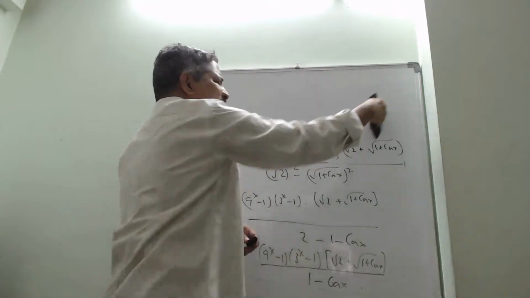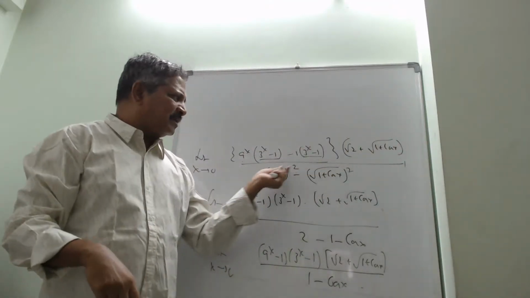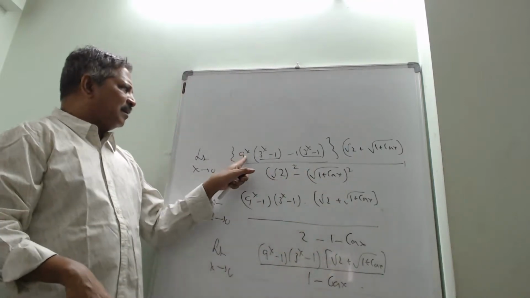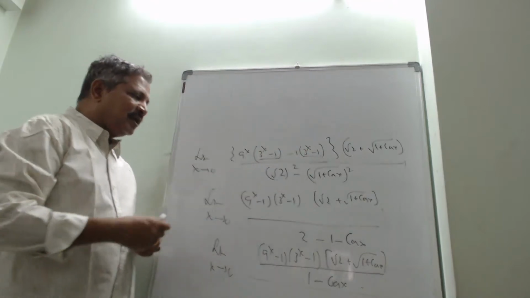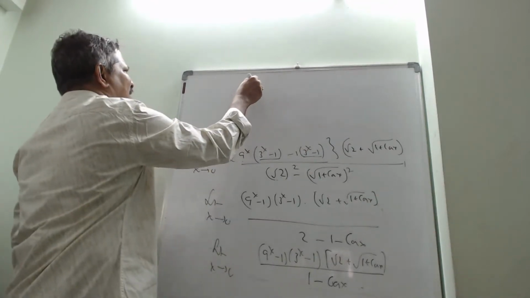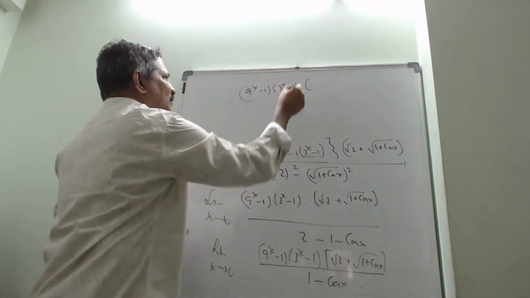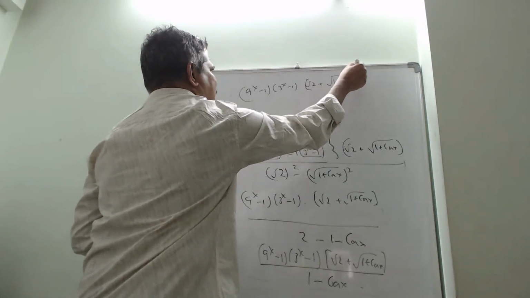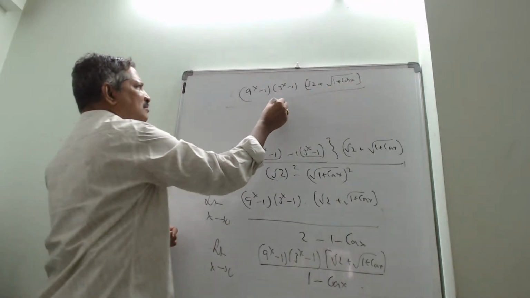First, we have done factorization for the numerator, and for the denominator we have done rationalization. (a plus b) into (a minus b) gives 2 minus 1 minus cos x. In the numerator, 9^x minus 1 and 3^x minus 1 are the common factors I got. Next step is (9^x − 1)(3^x − 1) into (√2 + √(1 + cos x)) divided by (1 − cos x).